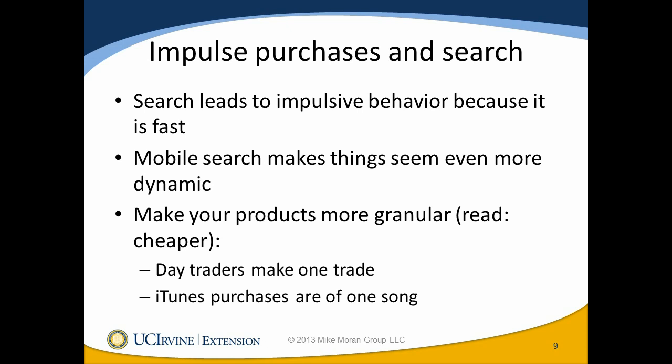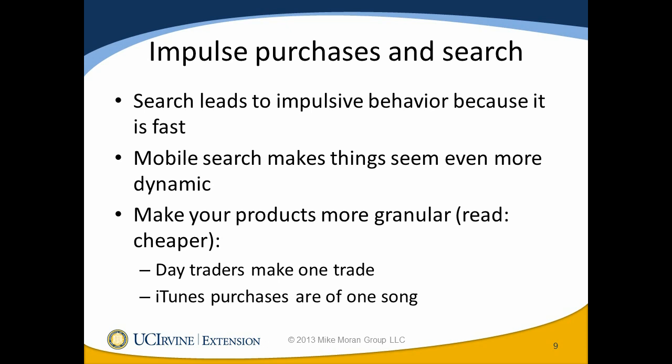And so one thing you can do to make impulse purchases more likely is to make your products more granular. What you're doing is dividing them up into smaller parts, which means that they are cheaper. The lower your price, the more impulsive a purchase will be. If you think about some of the things that have happened in the last few years that have made products more granular, it used to be that buying and selling stocks was something people didn't do all that frequently.